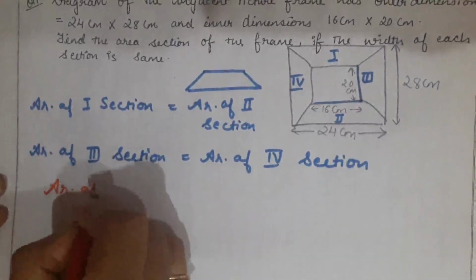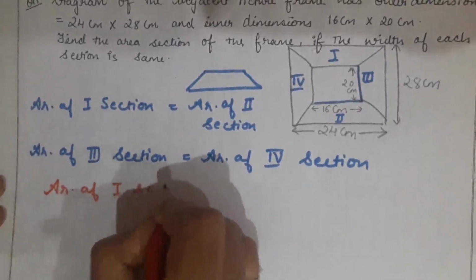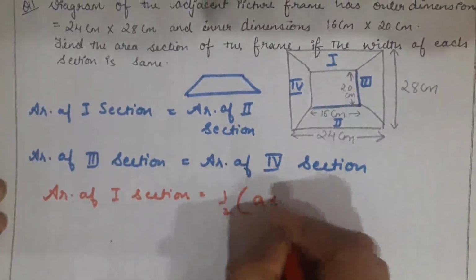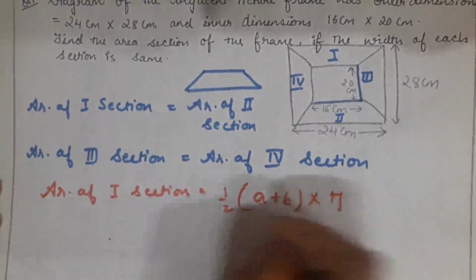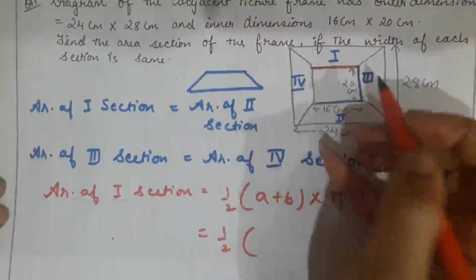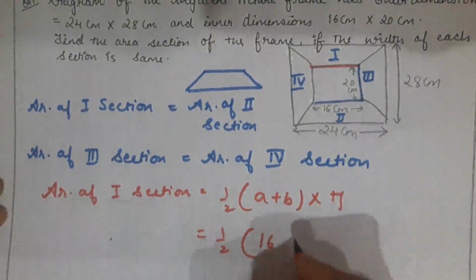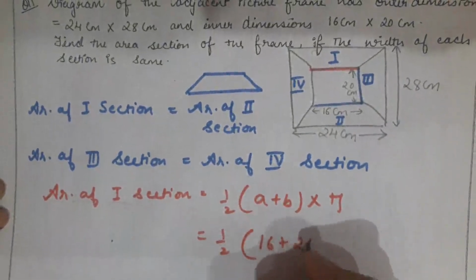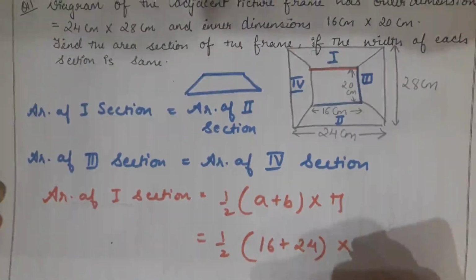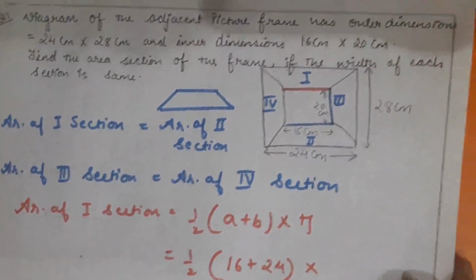Area of first section, which is of trapezium shape, is half into A plus B into H. Half into A, this means 16, and B is 24. And height, let's talk about height. How are we able to find the height?